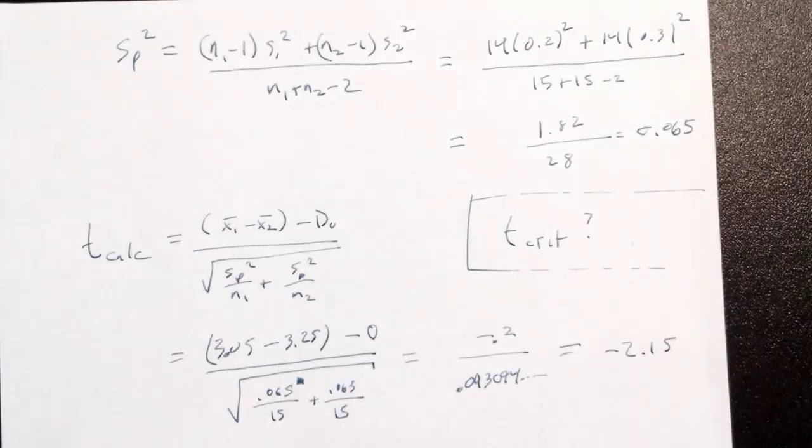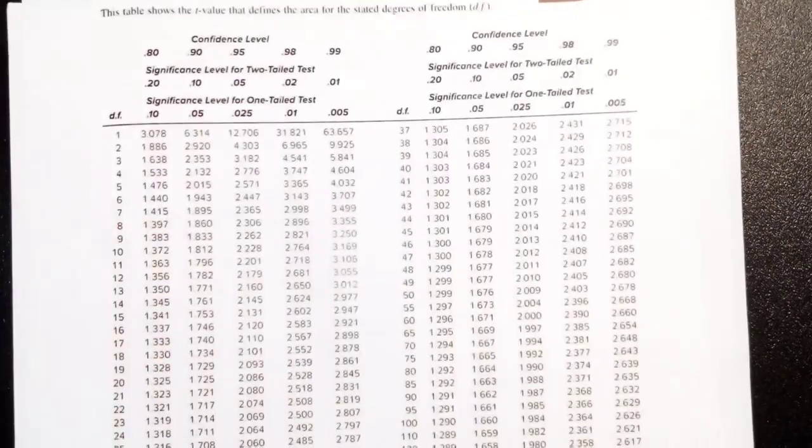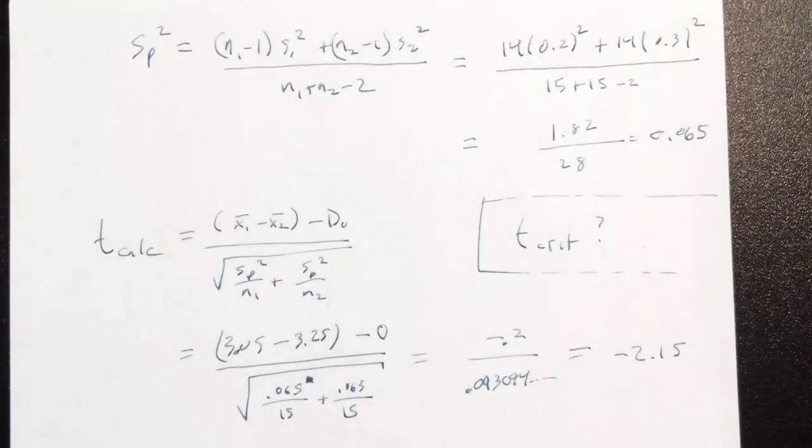Now, doing a t-test, I need my t-table. So I grab my t-table, which is in here somewhere. Here it is, t-table. Oh, wait a second. In order to use a t-table, I need degrees of freedom. What's my degrees of freedom? Careful.